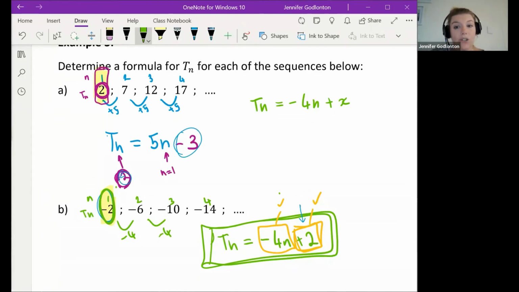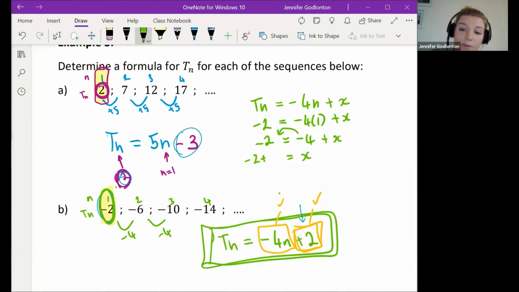Then we put in the information we know. If we're looking at this first pair, my output is -2 and my input is 1. So now I have -2 is equal to -4 plus x. If I'm wanting to find out what x is, I'm going to bring this -4 across the equal sign, which means the sign's going to change.